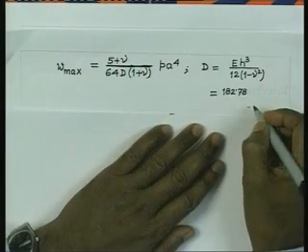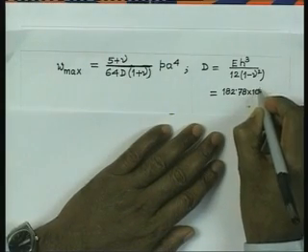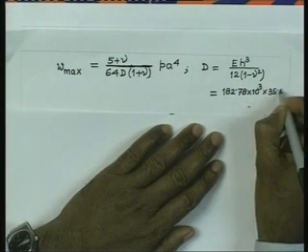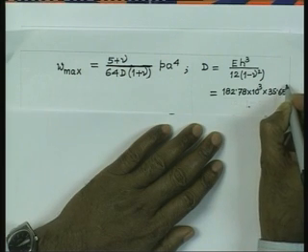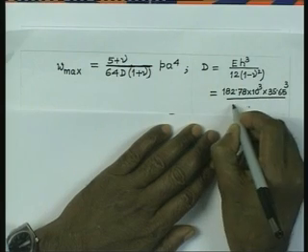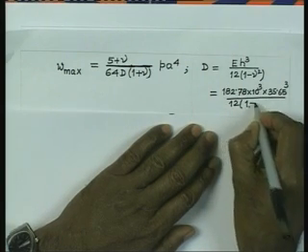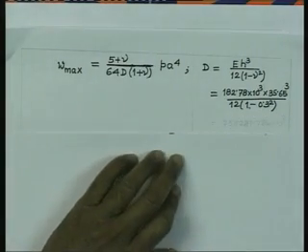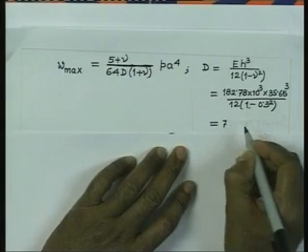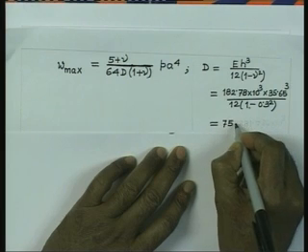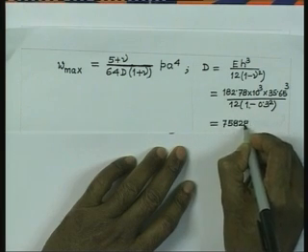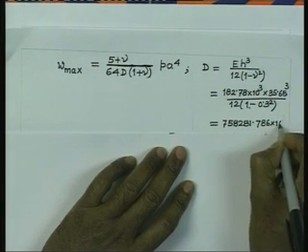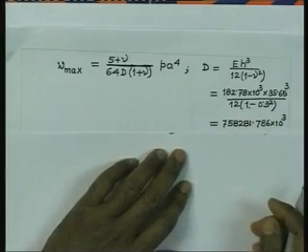If we want to keep it in Newton per millimeter square unit, then it will be simply 10 to the power 3, and this is 35.65 cube divided by 12 into (1 minus 0.3 square), and this gives us 7,58,281.786 times 10 to the power 3. It is in Newton millimeter units.